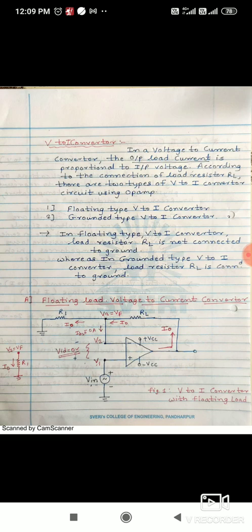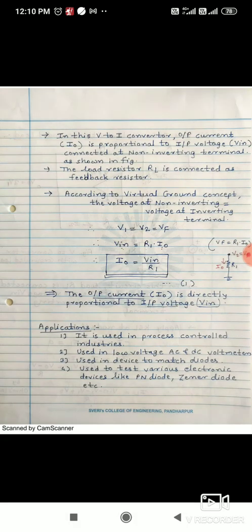We have understood the working of this circuit, and after that we derived the relation between output current I0 and input voltage Vin. By using the virtual ground concept, we got the relation I0 is equal to Vin divided by R1.